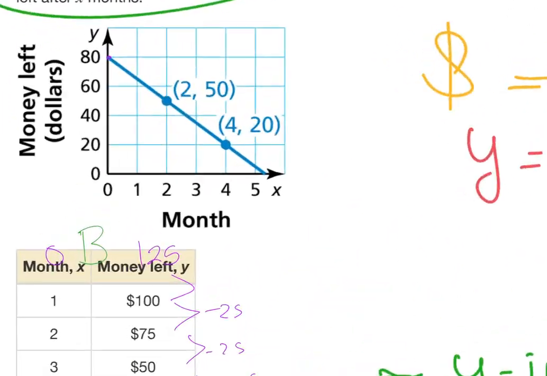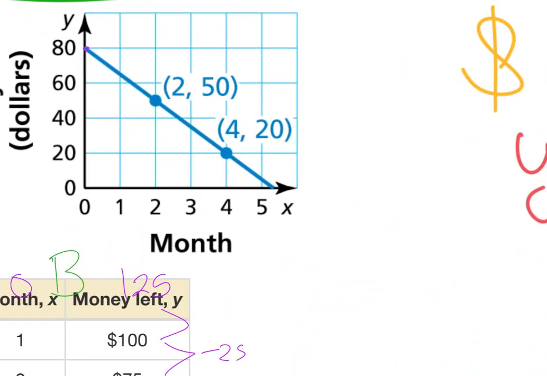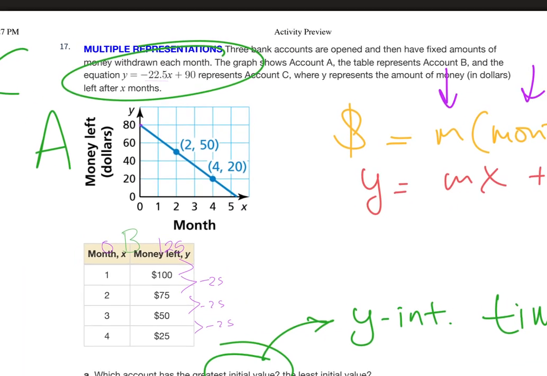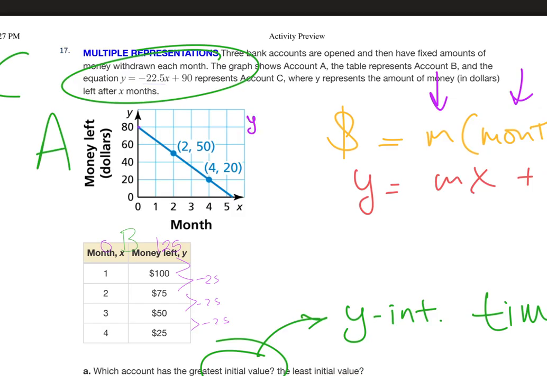And then this guy, we got to kind of do our math here. After 2 months, slope is the change in y over the change in x. Rise, which is a y value. Run, which is an x value. We rose 2. We ran 30, right?